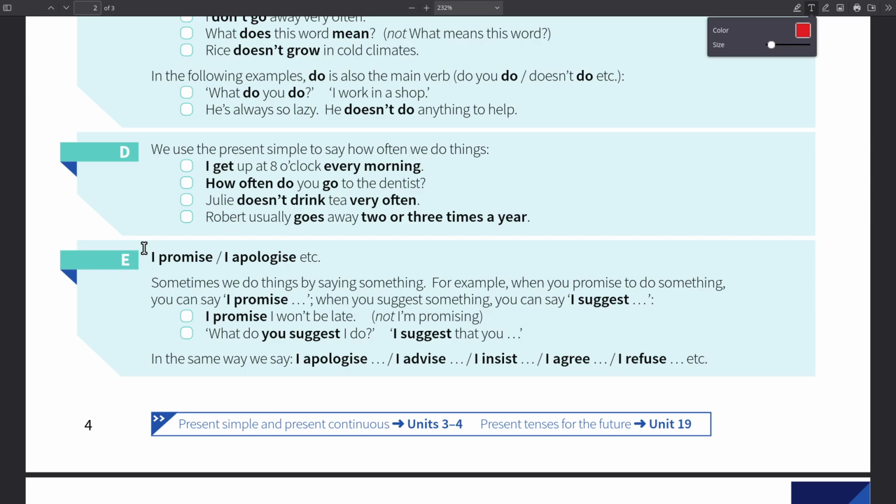Sometimes we do things by saying something, right? For example, when you promise to do something, you can say I promise. We are doing things by saying something.